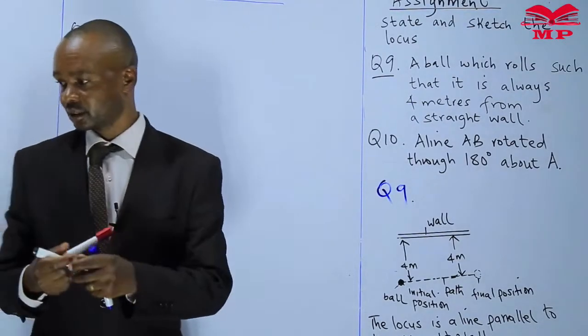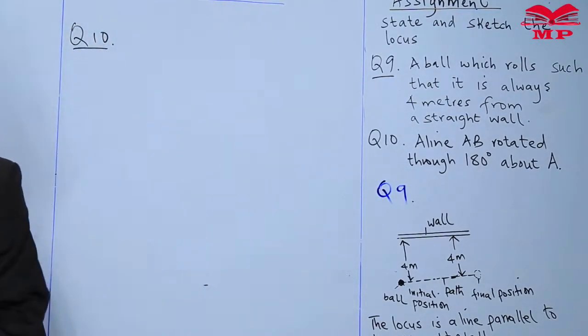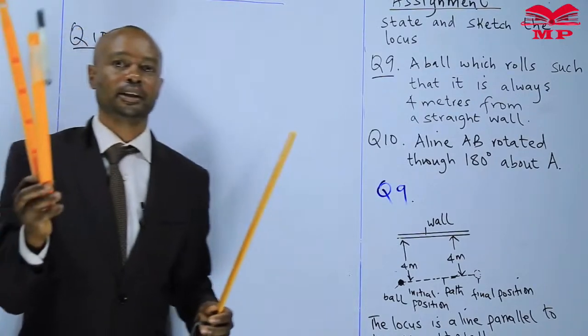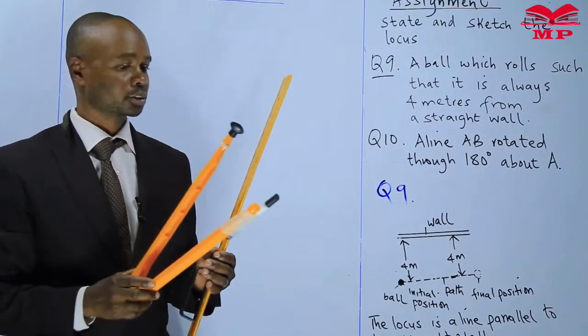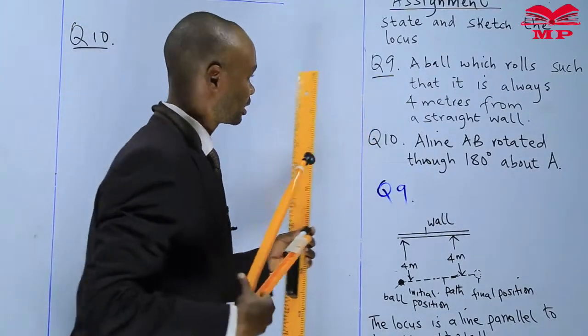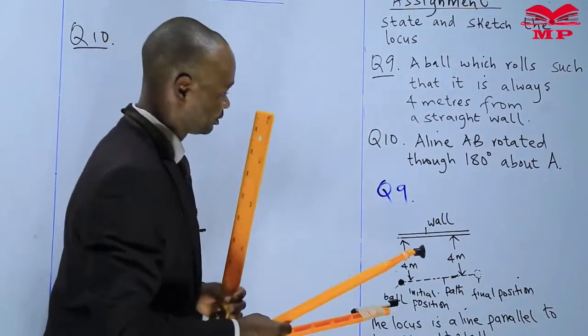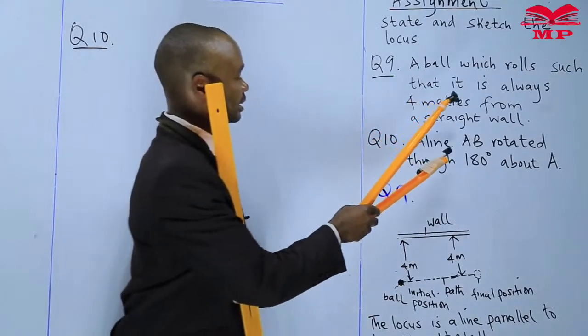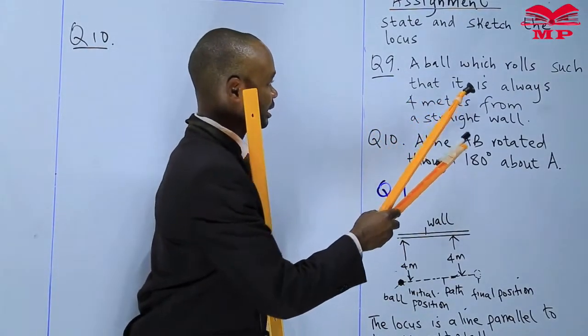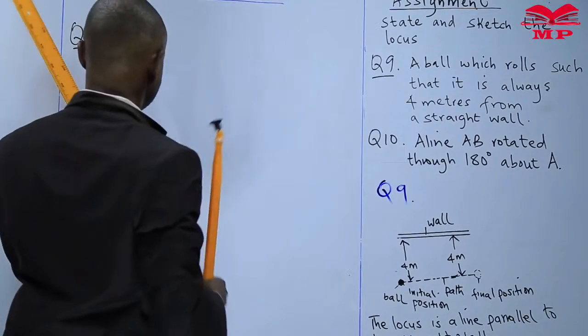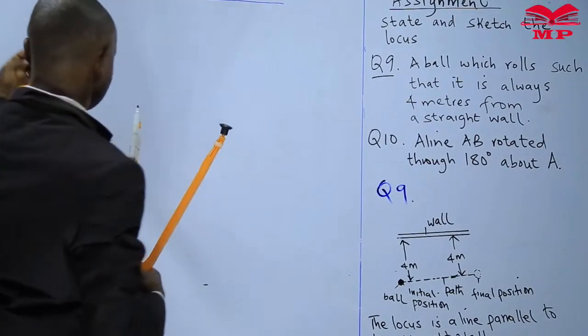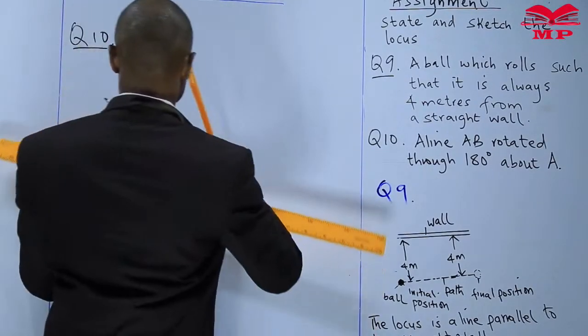So we'll go straight to the sketches, and for the sketches, the instruments play a great importance as you draw. First of all, you identify the line AB.